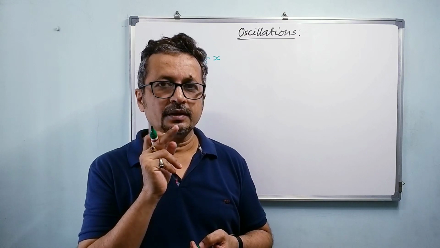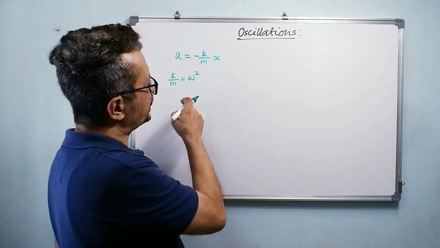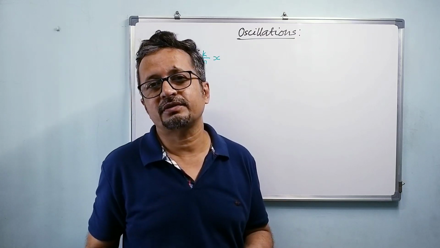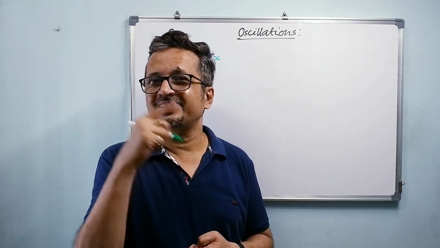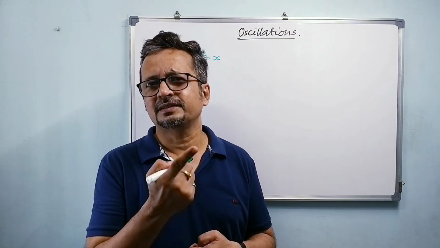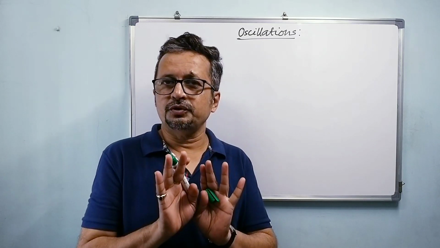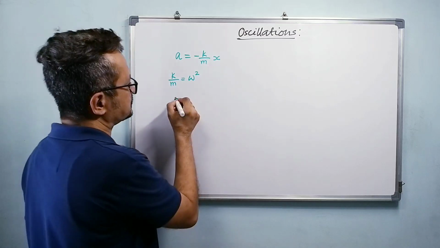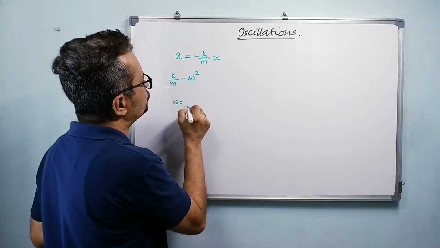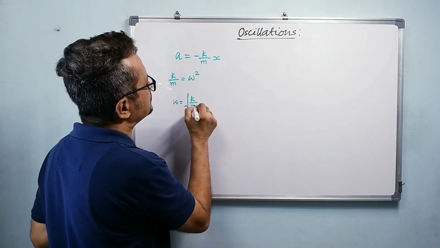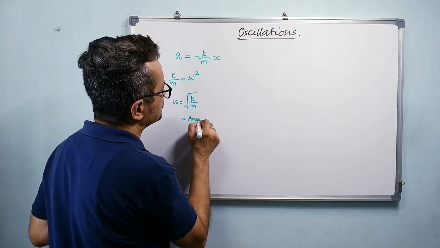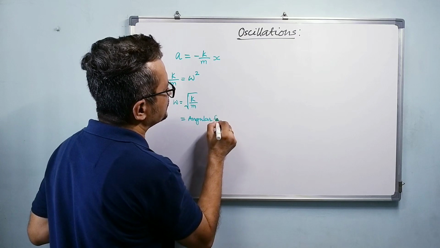Here we are going to call omega the angular frequency. Now what is angular frequency? I'll be discussing that at a later stage, but for now you can take this omega as angular frequency. Omega is equal to root over k upon m, and that is called angular frequency.